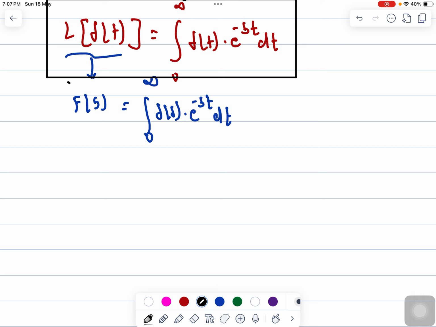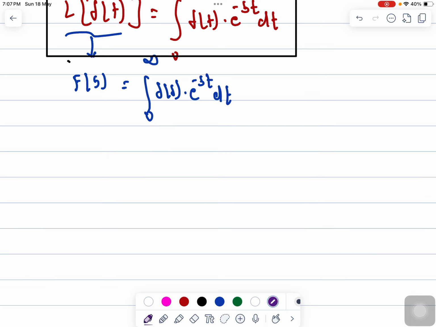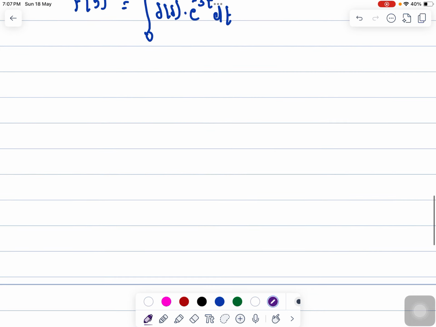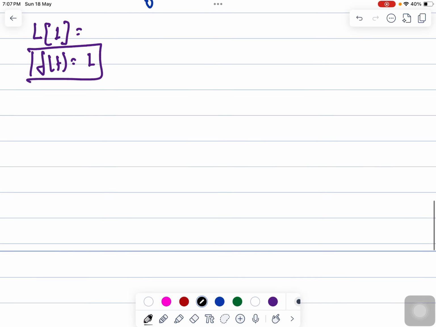So now let's try to understand how we can solve this. Let me assume a very simplistic example: the Laplace transform of 1, so here in this formula f(t) equals 1, right? Now we know the formula, so I can write the Laplace transform of 1 as the integral from 0 to infinity of 1 times e to the power minus st dt.